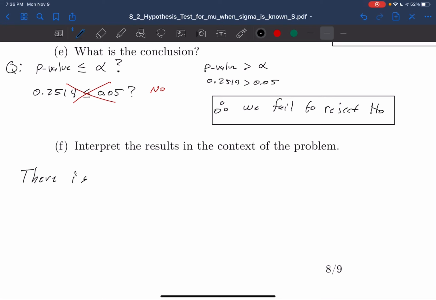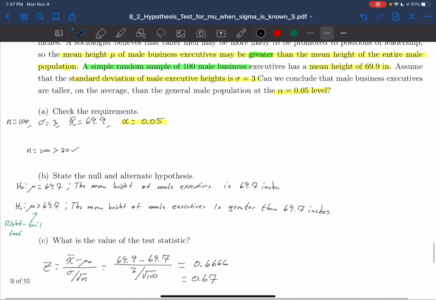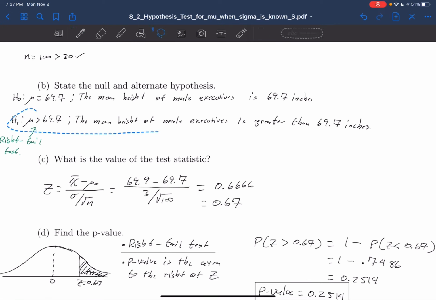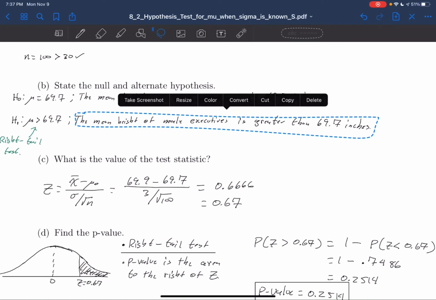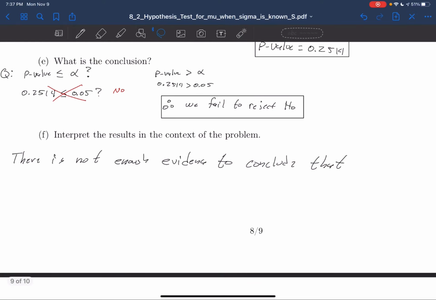So we could literally just copy and paste this statement into the last section here.